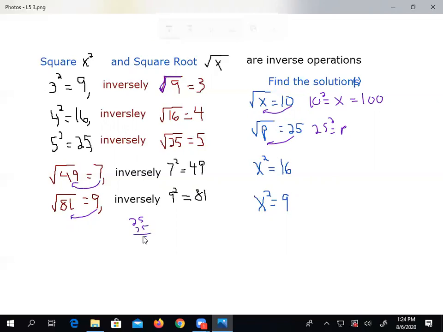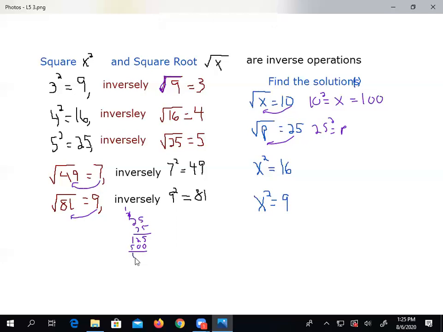So 5 times 5 is 25, carry a 2. 5 times 2 is 10, 12. Put my little 0 there, placeholder. 2 times 5 is 10, carry my 1. 2 times 2 is 4, plus 1 more is 5.